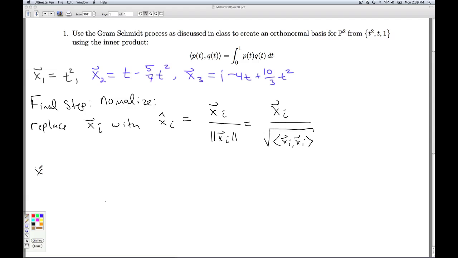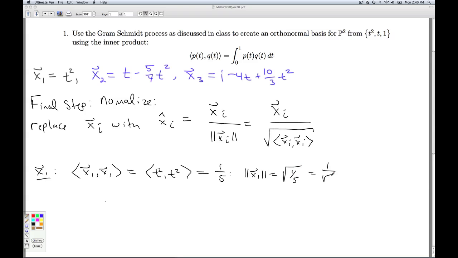Okay, so for x1, we already know. We've already done the inner product of x1 with itself before. That worked out to be 1/5. So that means that the norm of x1 is the square root of 1/5, which is 1 over the square root of 5.